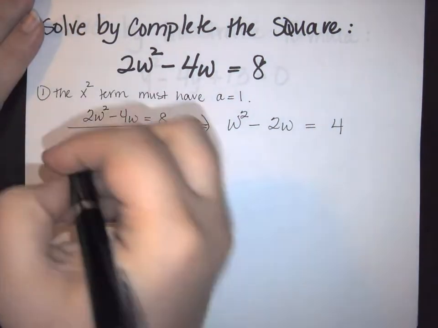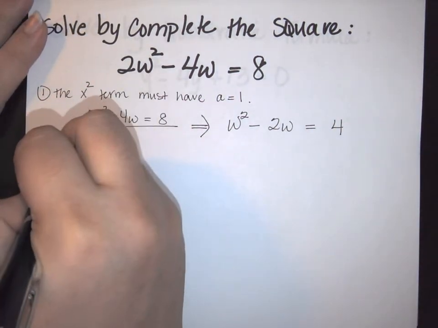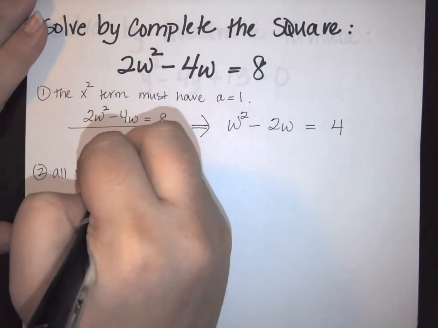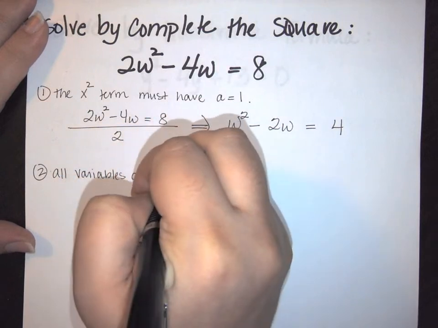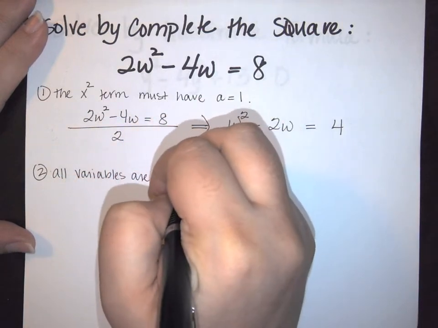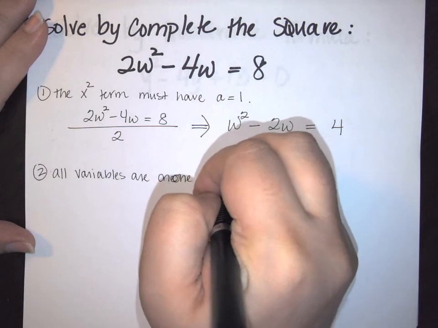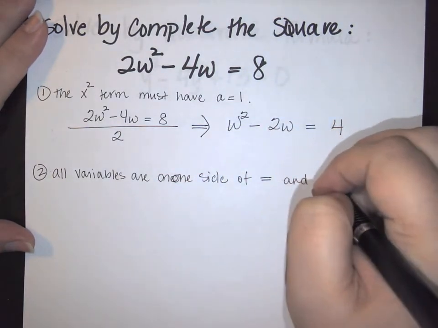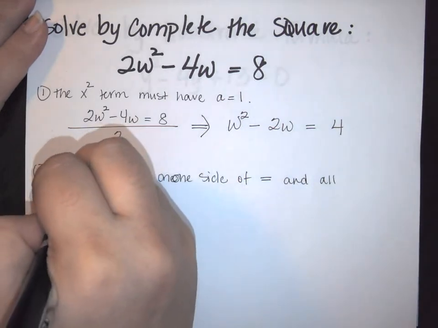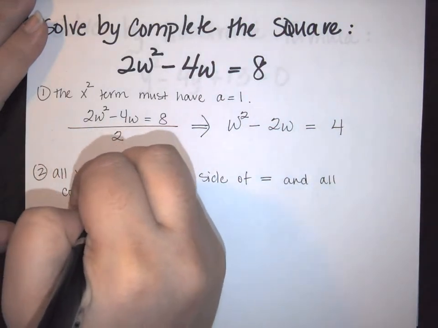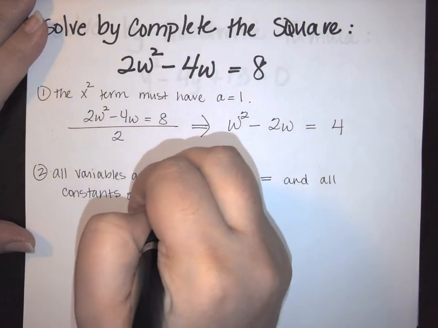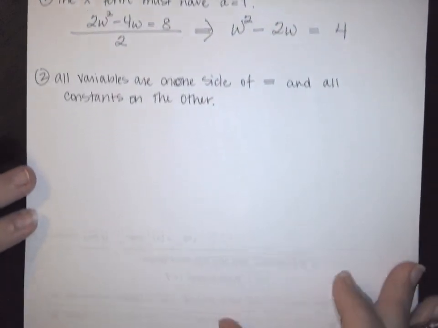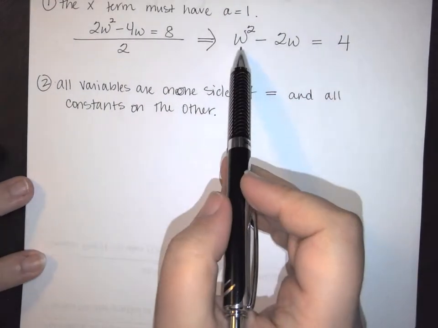Now the second thing that you have to do is make sure that all variables are on one side of the equals and all constants are on the other, meaning we are separating out the variables from the constants. And if we look at our equation, we've got that.